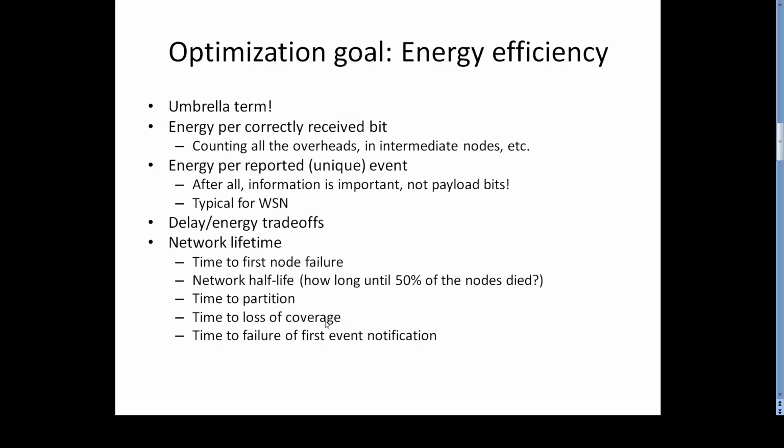If we are unable to cover that particular area, that is called the network lifetime. And time to failure of first event notification. If some event is unable to be notified, then we call it the network lifetime of that particular network.